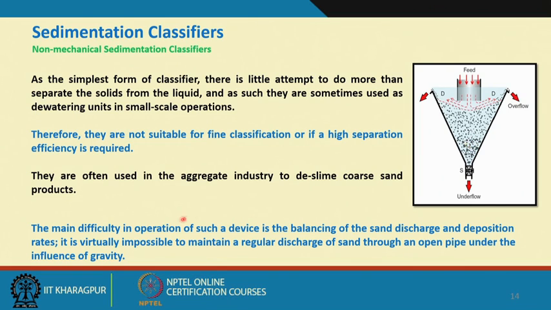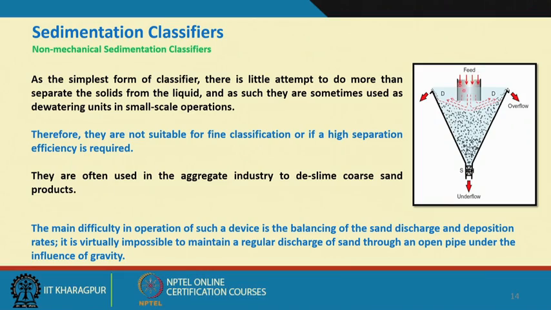They are often used in the aggregate industry to deslime coarse sand products. That is exactly the principle I was mentioning. If I have slimes like clays and I have coarse sand, what do I want to do? I want to separate the clays from the sand particles, that is the washing.